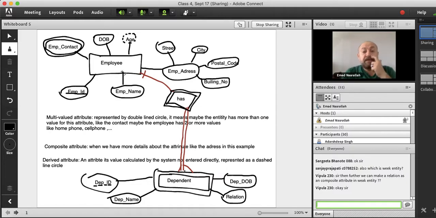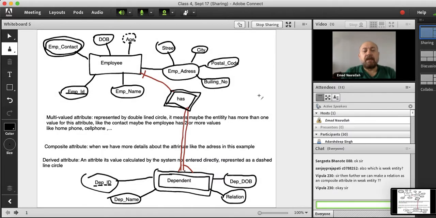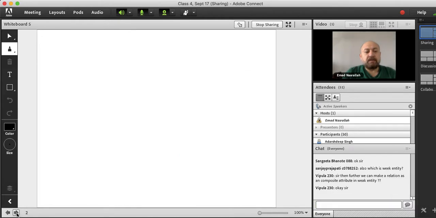Let me take a screenshot of this before I delete it, because I'll send it to you. Okay, now I will go to another page. Let's look at this example. We have author.